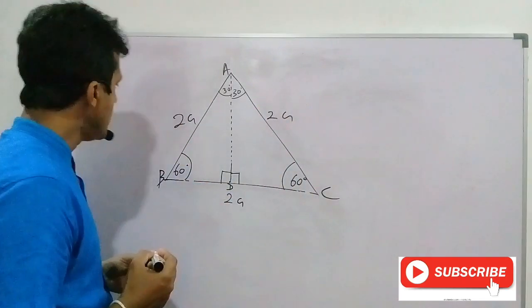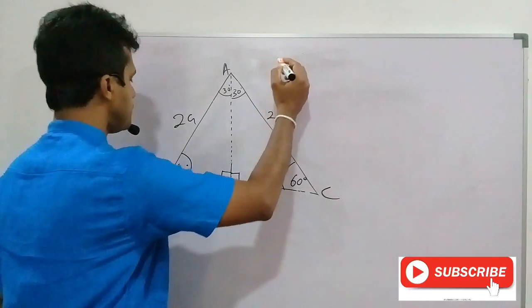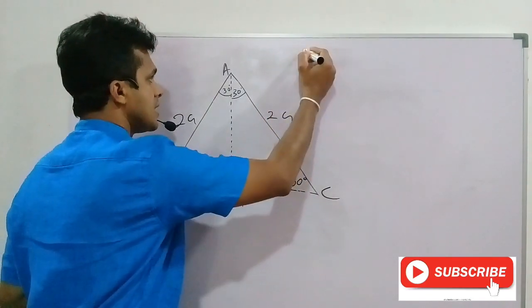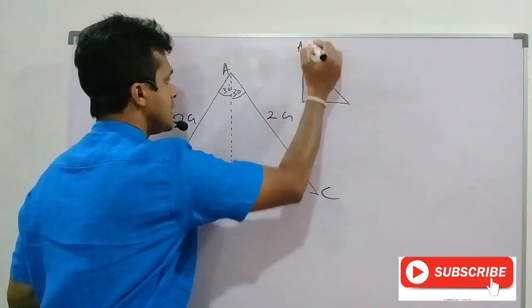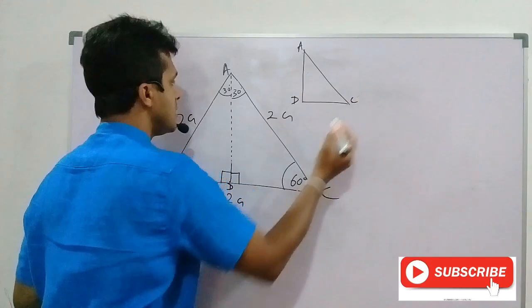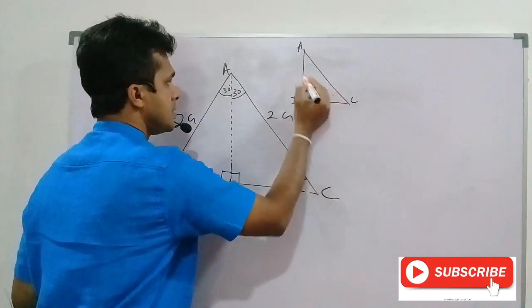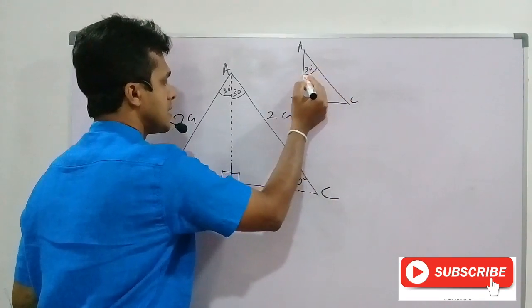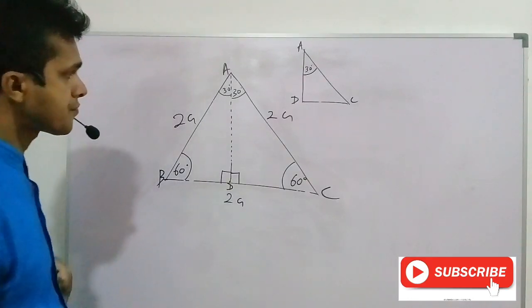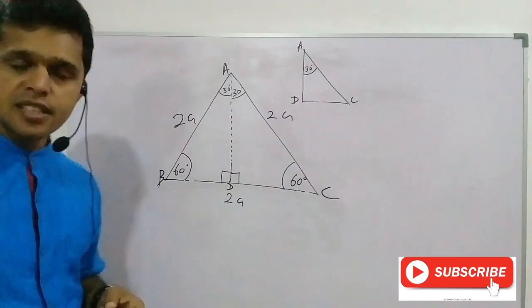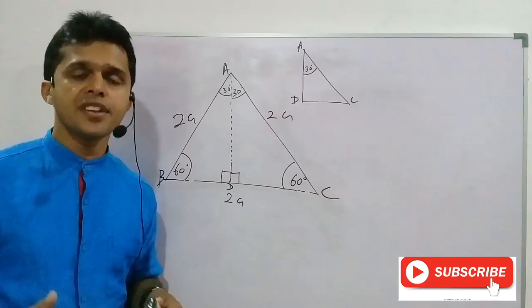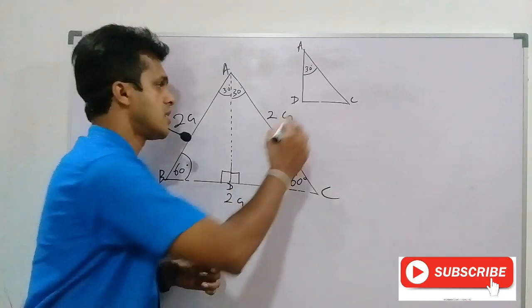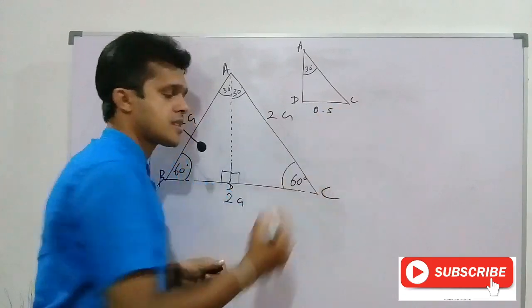Now I will draw the triangle ADC here. This is 30 degrees. You have learned that the side opposite to the given angle is OS.